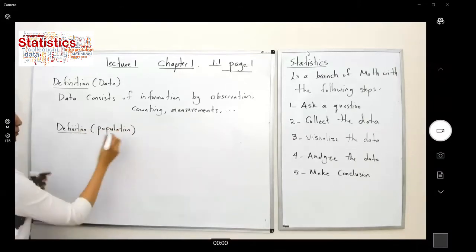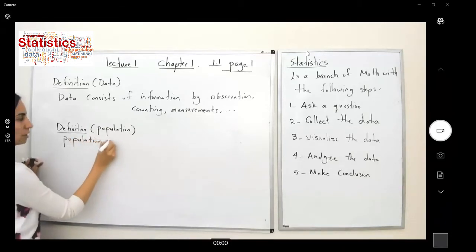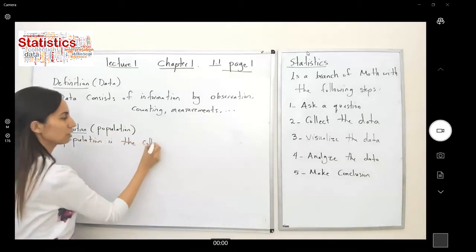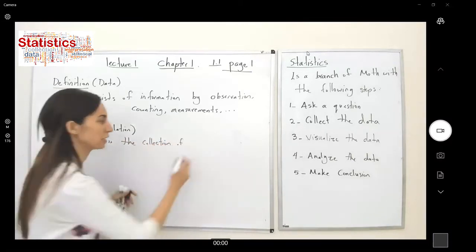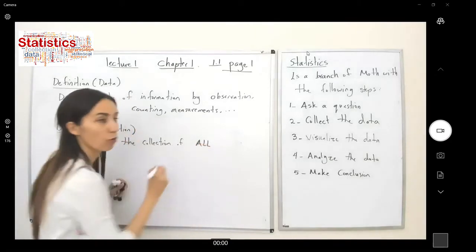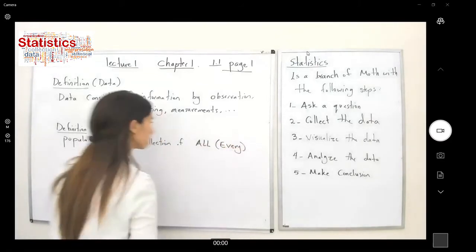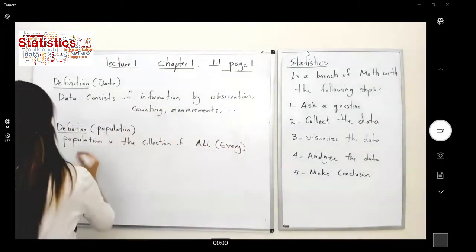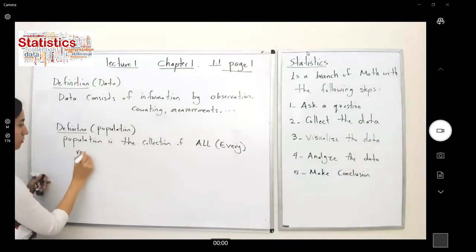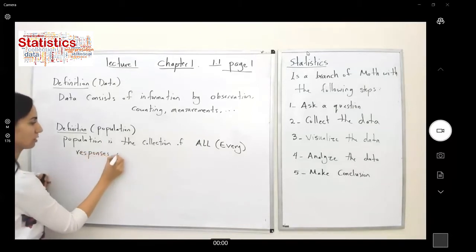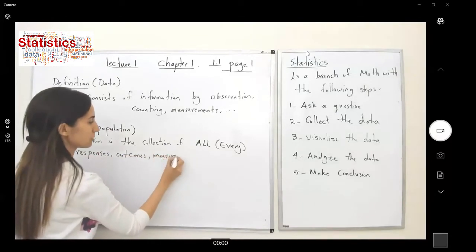So population is the collection of all, every. These are the key words that you need to know. Every response, outcome, measurement.